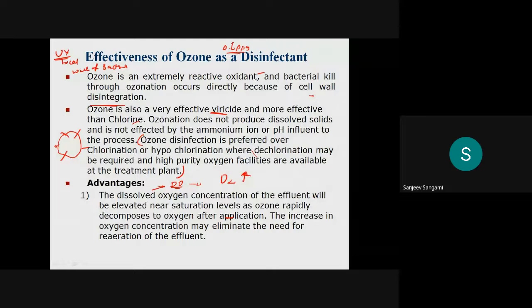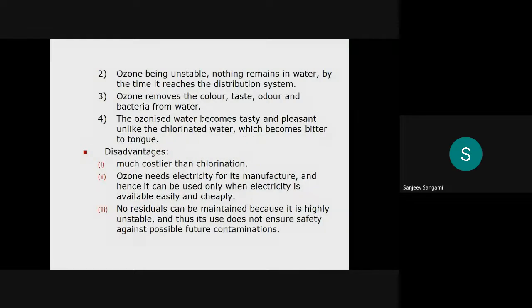Ozone being unstable, nothing remains in water by the time it reaches the distribution system. As I said, even 0.1 ppm, if you keep it for 1 day, it is going to disinfect and nothing will be there. Okay, ozone removes the color, taste, odor, bacteria from the water.